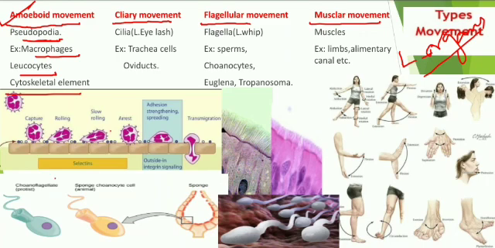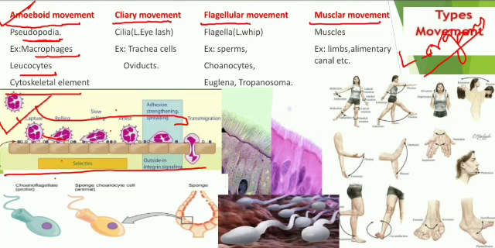Just have a look at this diagram, which shows how macrophages move from one place to another. Through movement of protoplasm or cytoplasm in this cell, it can form a false leg. Through that it can move from one place to another, and this is the best example for amoeboid movement.